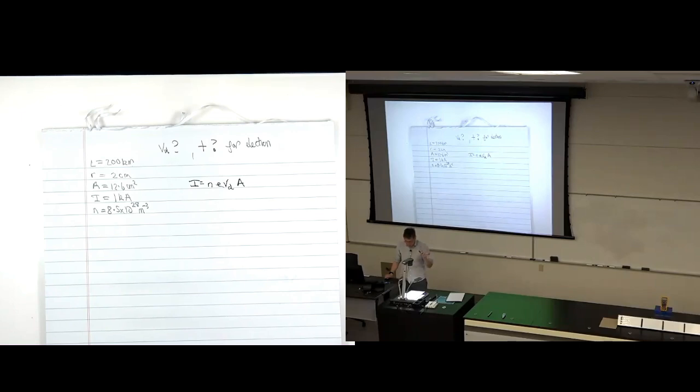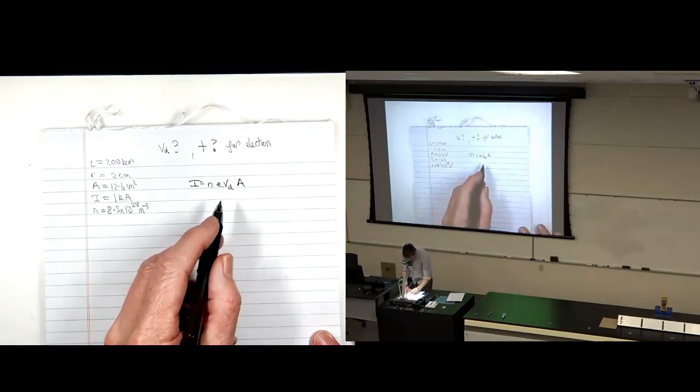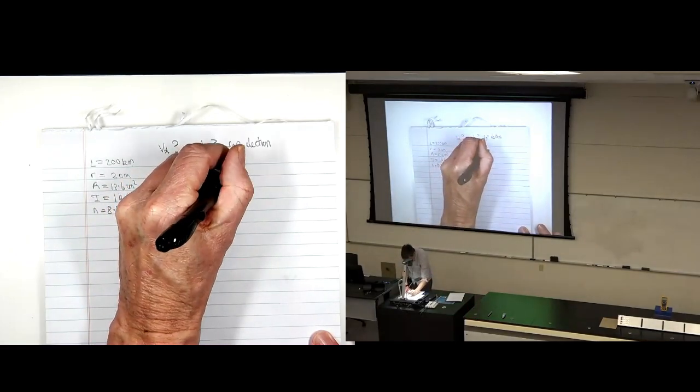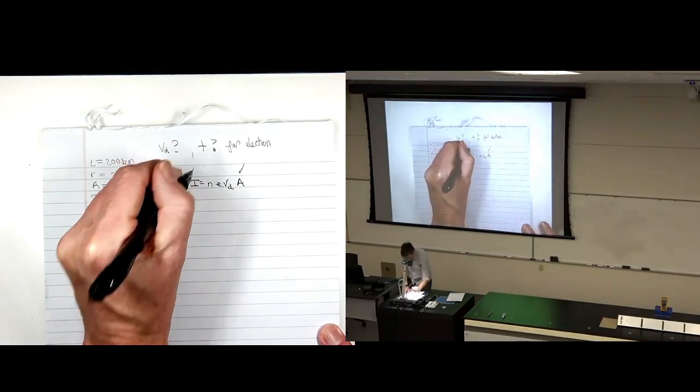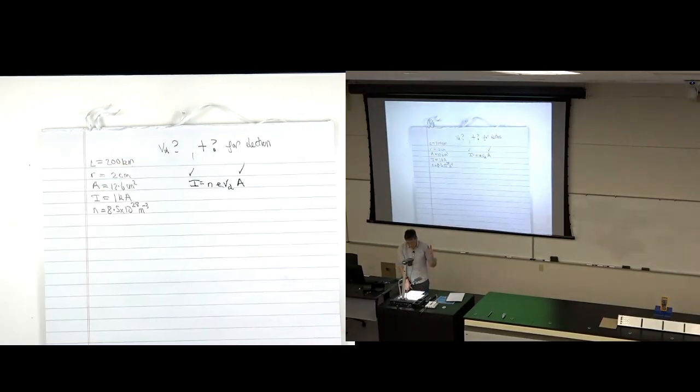Okay, those are those 4 quantities that relate the motion of the electrons that carry charge to the current that they carry along the length of the wire. And if you look at this, we know the area, we know the current. So the area was 12.6 centimeters squared, the current was 1 kiloamp.